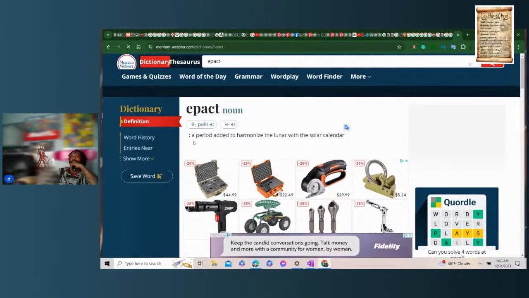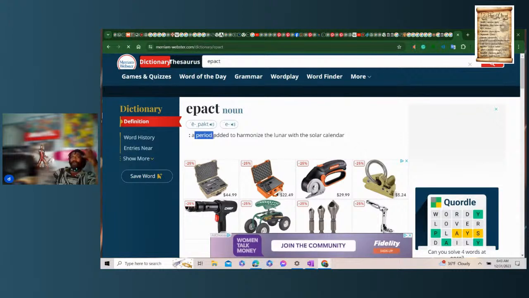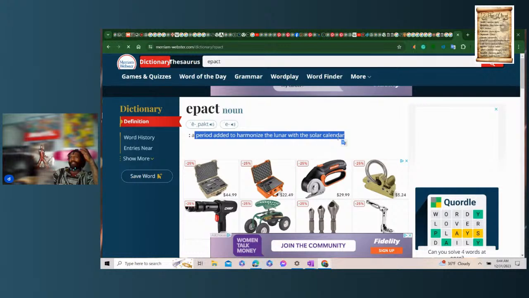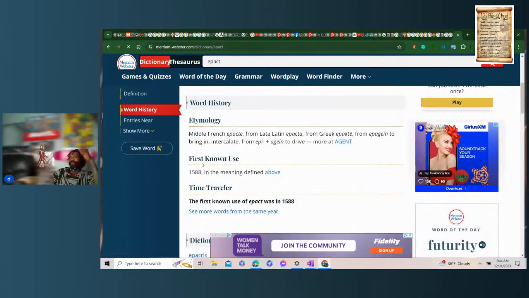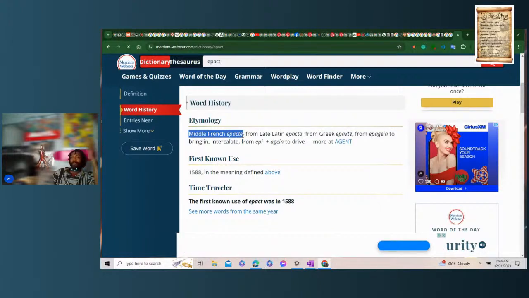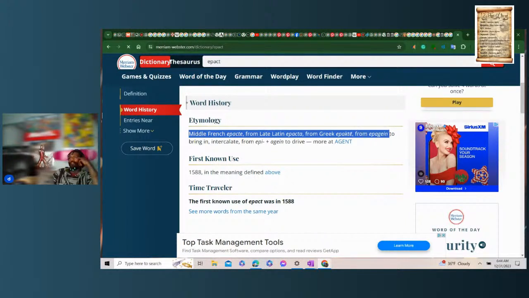Cool. So I'm gonna read on. It says an epact, or a period added to harmonize the lunar with solar calendar. Reading on, it says Middle French epacte, from Latin epacta, from Greek epakte, from epagein, to bring in, to intercalate.